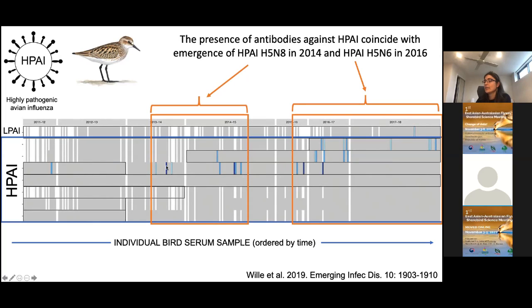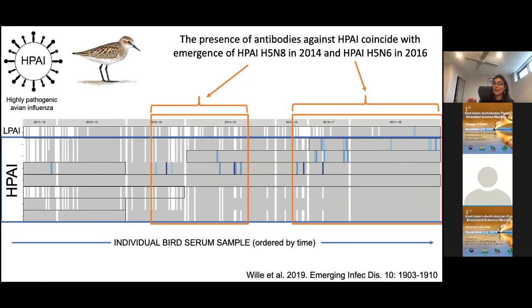And we tend to see that these blue bars start showing up around 2014, which coincides well with when we had this mutation event and this new kind of highly pathogenic H5 showed up, which didn't necessarily kill all wild birds, but was still a problem with poultry. So here from 2014 through 2015. And again, we saw quite a bit of blue here starting 2016 through the end, and that coincides with sort of the second mutation event.